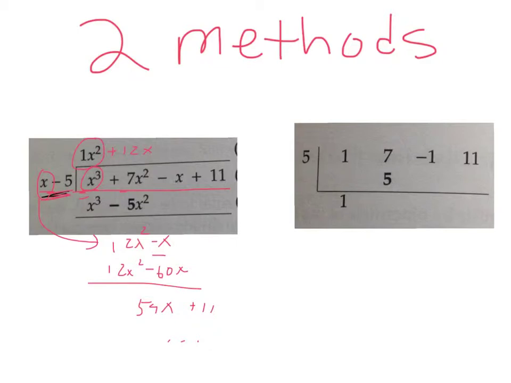Using this algorithm, there's a shorthand way of doing this. As long as the leading coefficient on your divisor, so x minus 5, is 1, so as long as we're talking about x minus a, where in this case a equals 5, so that would be a root. So we can take our root, and here are the coefficients from the same problem.